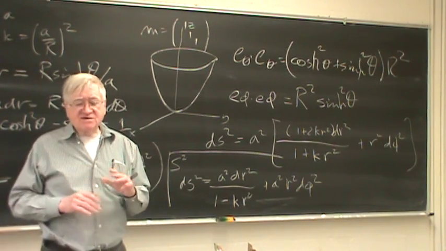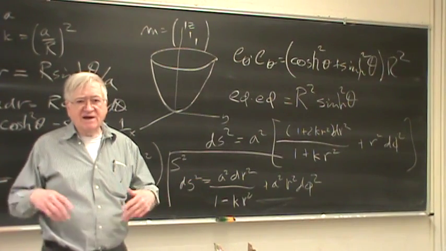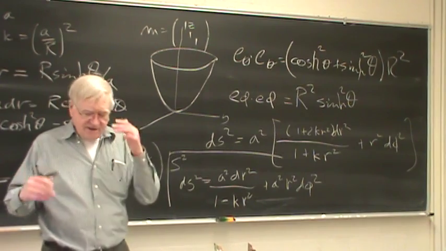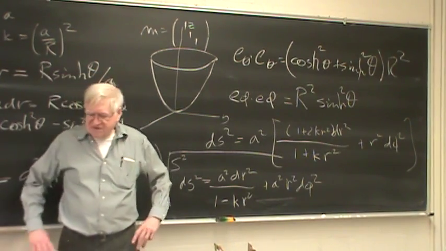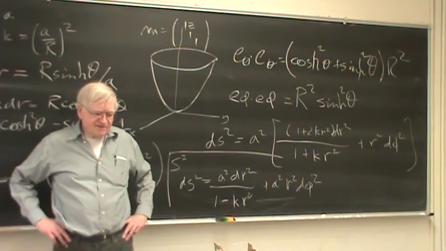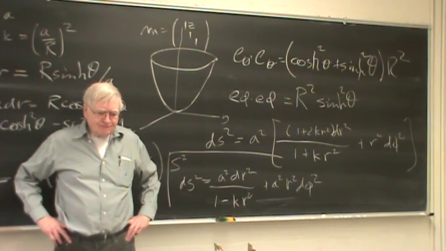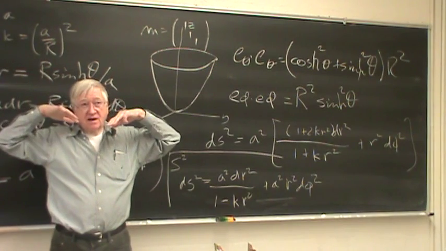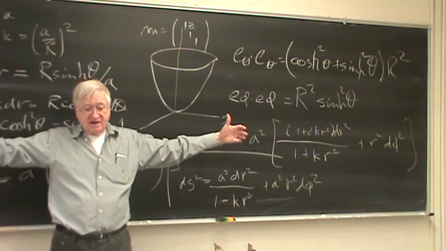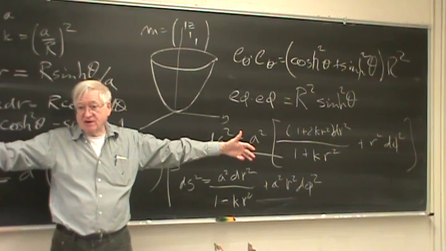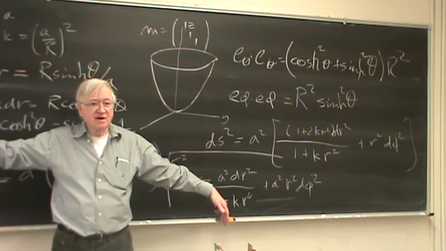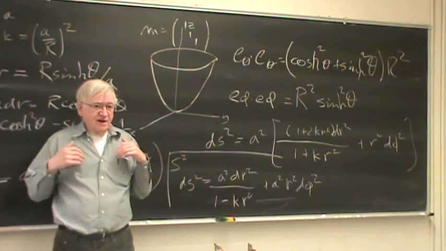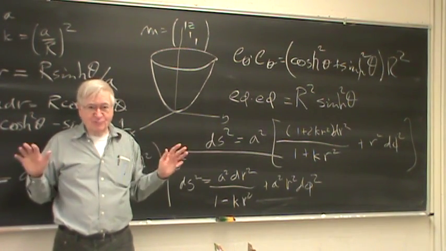The time part is just dt², or minus c² dt². The reason this makes sense is that, as far as we know from observations, the 3-space we live in is maximally symmetric, and there are only three choices. On the other hand, frankly, I certainly don't understand time at all.